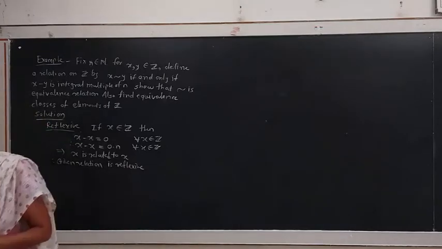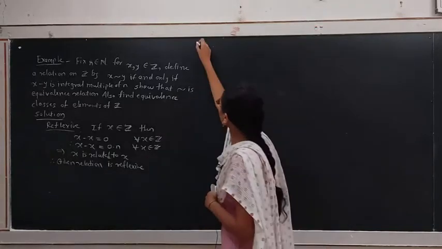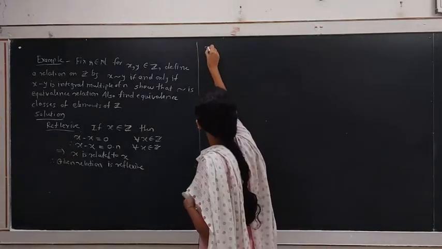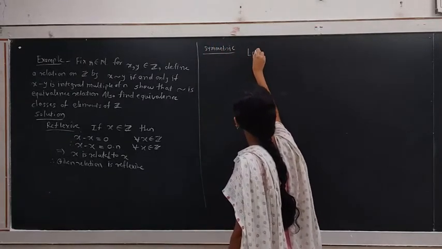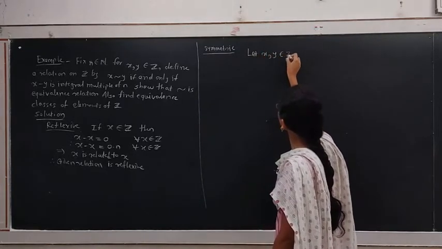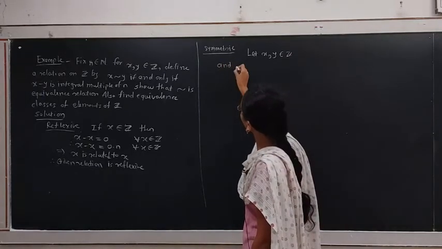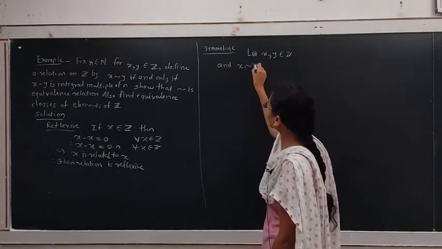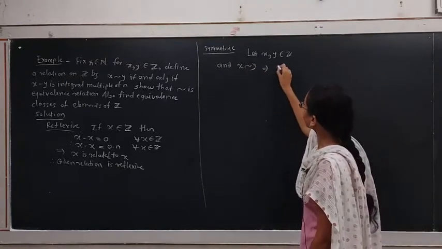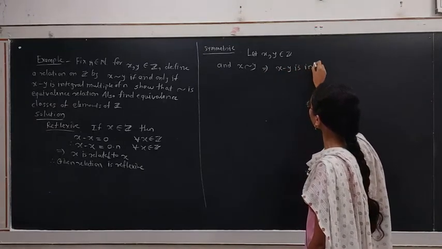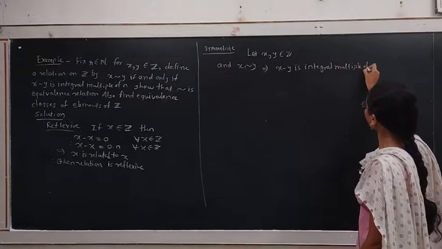Next we see whether it is symmetric. Let x and y be two integers and x is related to y. If x is related to y, then x minus y is an integral multiple of n.